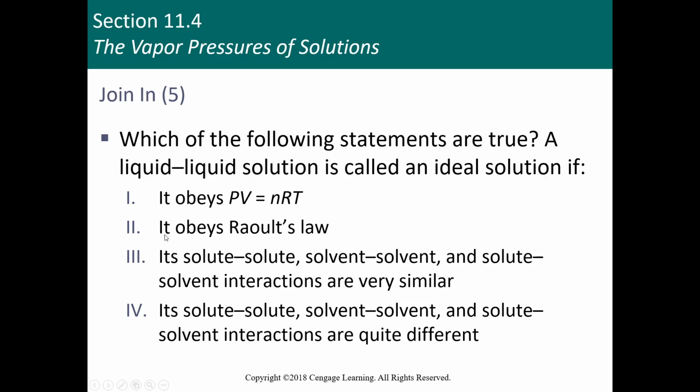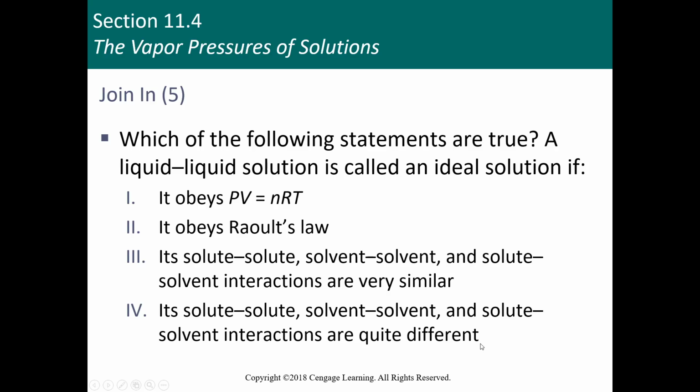3, its solute-solute, solvent-solvent, and solute-solvent interactions are very similar. So that's actually the basis that we talked about for ideal solutions, isn't it? That all the interactions are very similar. There's not a lot of differences. 4, its solute-solute, solvent-solvent, and solute-solvent interactions are quite different.